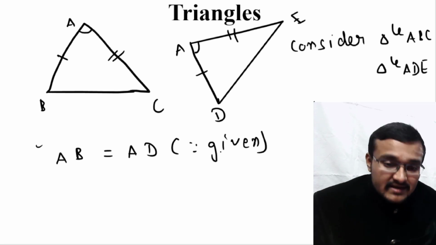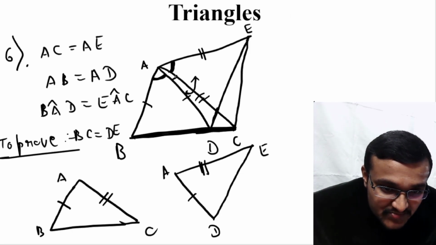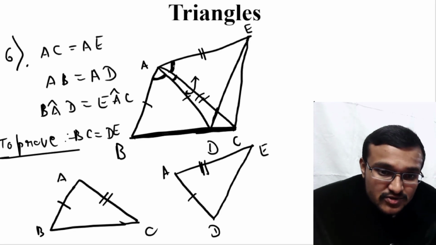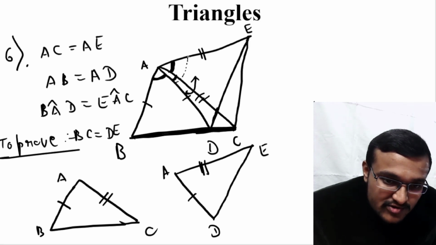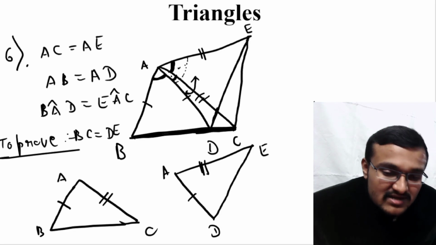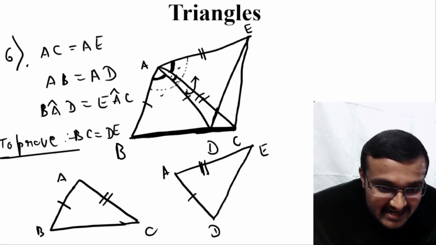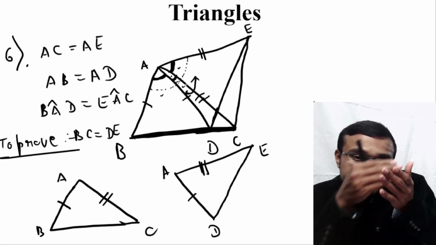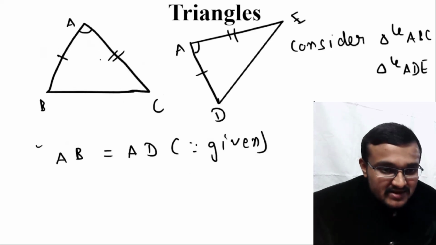In this diagram you can see there is one angle in the center. If you want to get the total angle DAE, you have to add this angle and this angle. Similarly in this triangle, to get the total angle BAC, you have to add this angle and this angle. So that center angle acts as the common angle for both triangles.